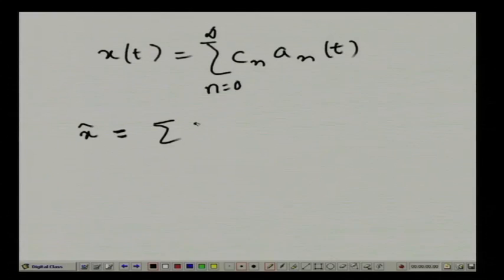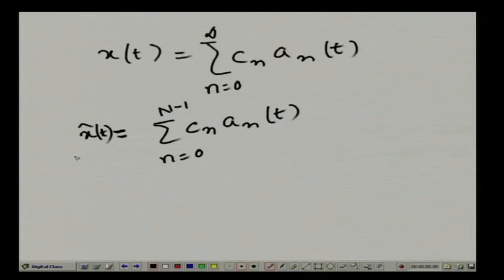In this case, this will be represented by the sum of C_n a_n(t), where n will now vary from 0 to capital N minus 1. So, this is x hat(t). Obviously, we are going for an approximate representation of x(t), not a complete expansion, not the exact representation of x(t). So, this is the case that we have for continuous signals x(t).